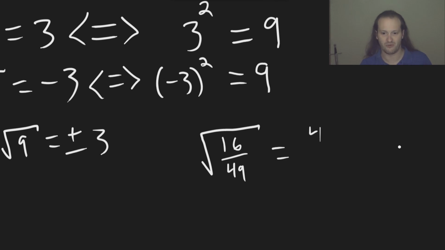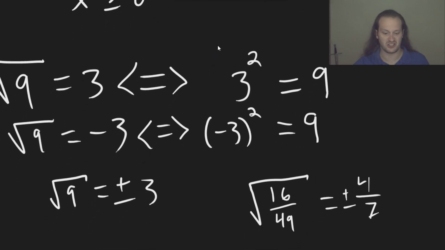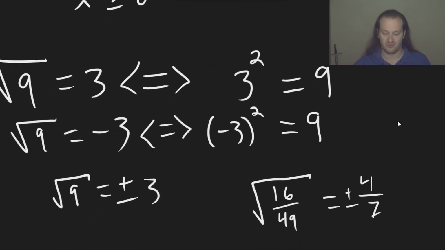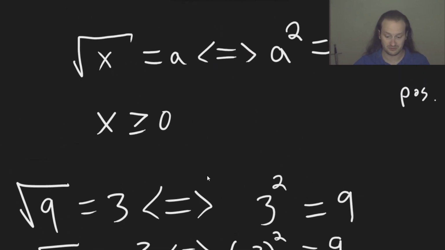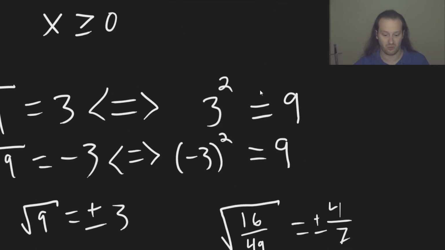So that would become 4 over 7. And we'll do a plus and minus 4 over 7. So that means that 16 over 49 is considered a perfect square. This is basically everything that's new. A new definition that you probably have heard of before, and a new vocab word.